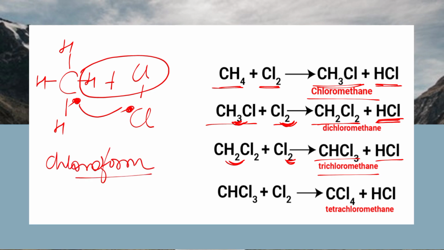This chloroform also has one hydrogen atom. Then this hydrogen atom also leaves the carbon with chlorine and forms HCl, and this forms CCl4, named tetrachloromethane, meaning carbon tetrachloride.